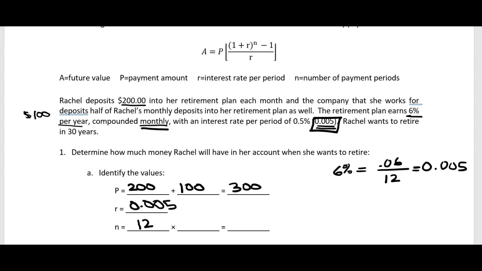But then we also know that she wants to retire in 30 years, so we'll need to take that 12 and multiply it by 30. 12 times 30 is 360. So there's going to be 360 times that money is deposited into this account, and when interest is going to be made on the account.